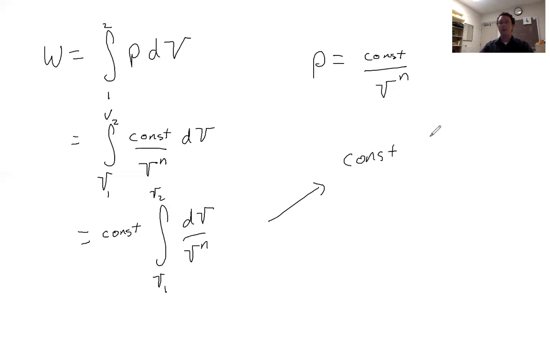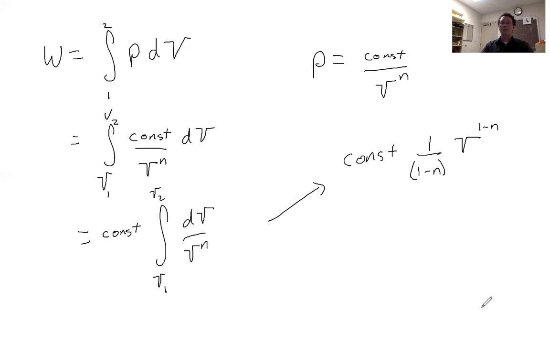The exponent here is negative n in the power law, so adding 1 it's going to be 1 minus n, that's 1 more than negative n. And I have V to the 1 minus n. Easy, nothing easier.